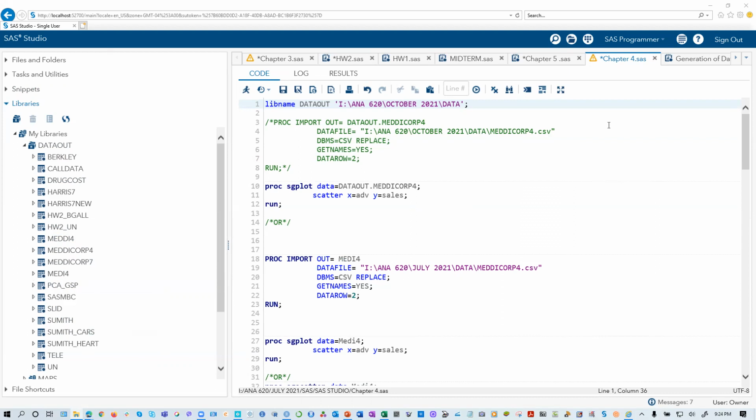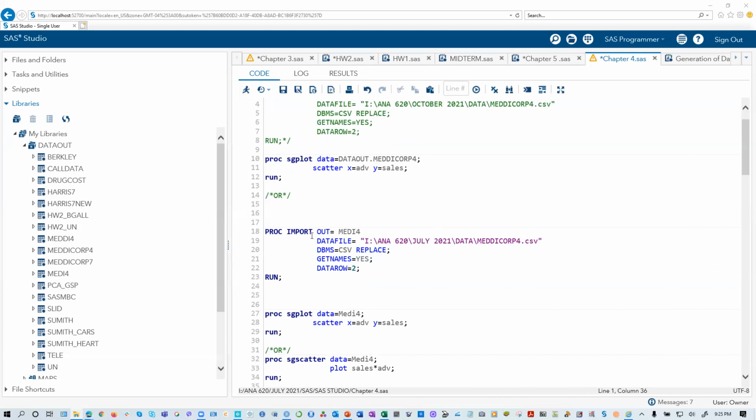The very moment they are imported from the CSV format, they become SAS format. Rather than call that one, I went to my personal folder, which is my library, my directory, and imported that data and worked straight with that. That's what I'm trying to say.